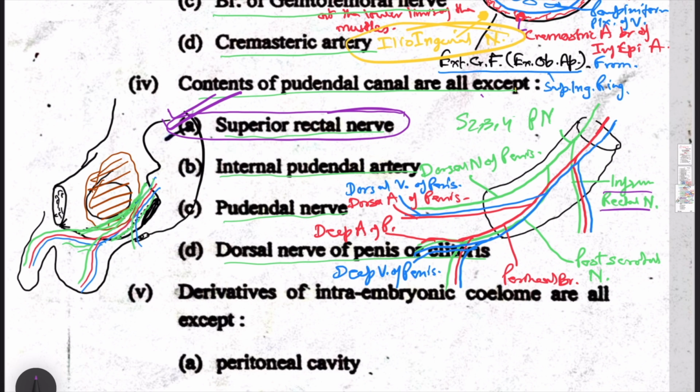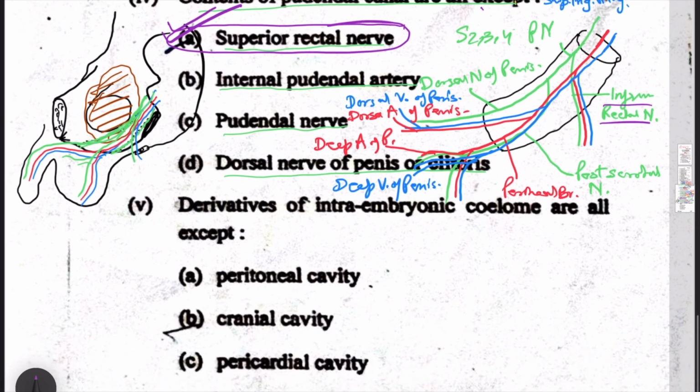So together they travel via the hypogastric plexus, inferior hypogastric plexus, via the aortic plexus, inferior mesenteric plexus. Ultimately, they derive this nerve called the superior rectal nerve, which supplies the rectum, the upper portion of the rectum. Got it now? So the superior rectal nerve is not a content of the pudendal canal.